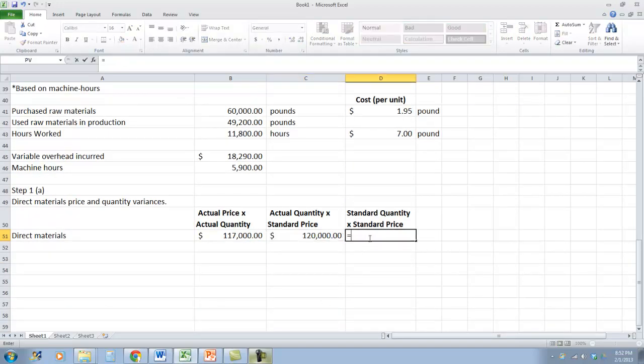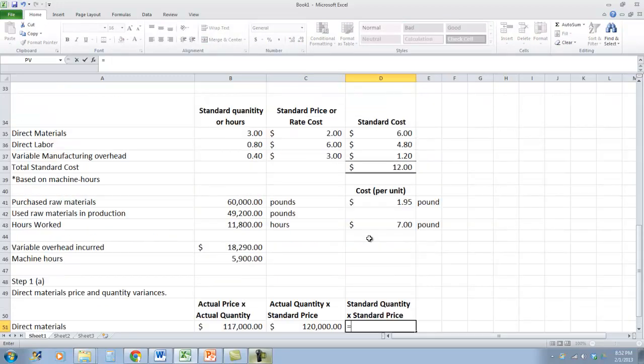And if we use standard quantity and standard price, we would have standard quantity would be 3 times the 15,000 pools times my standard cost.